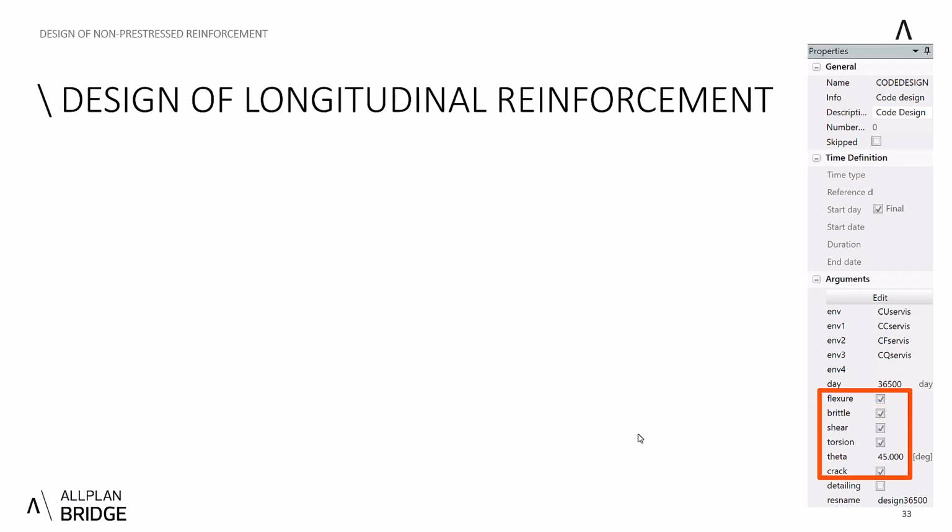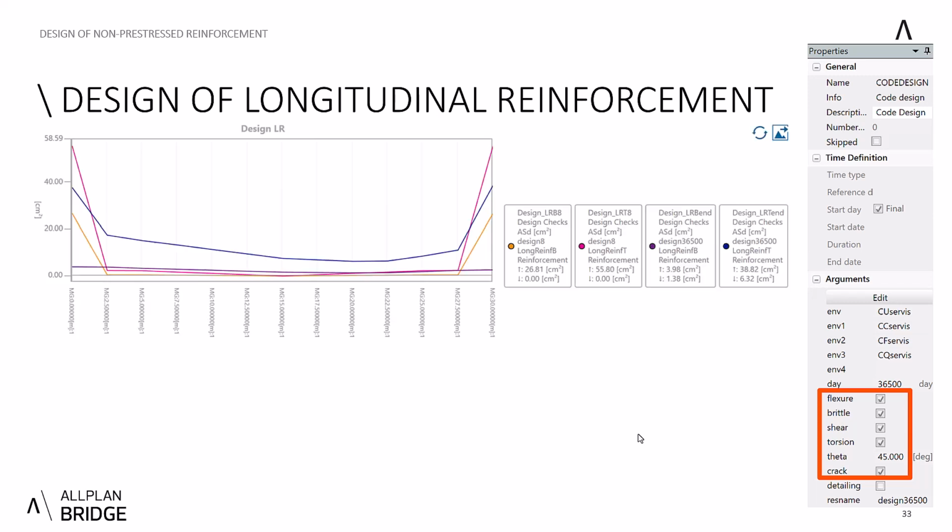Let us investigate the necessary reinforcement amount for all types of checks except for the detailing rules. Again, we obtained an adequate reinforcement amount in design conditions both at the time of pre-stressing and at the end of the service.